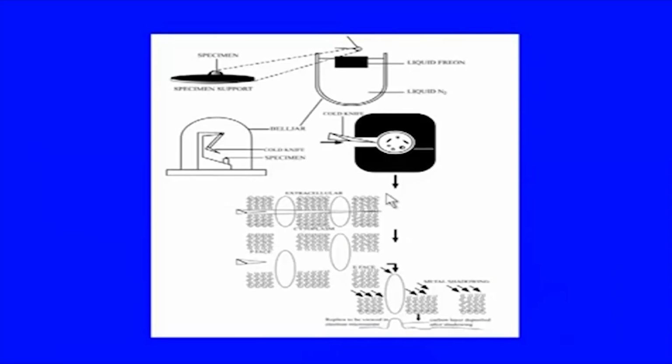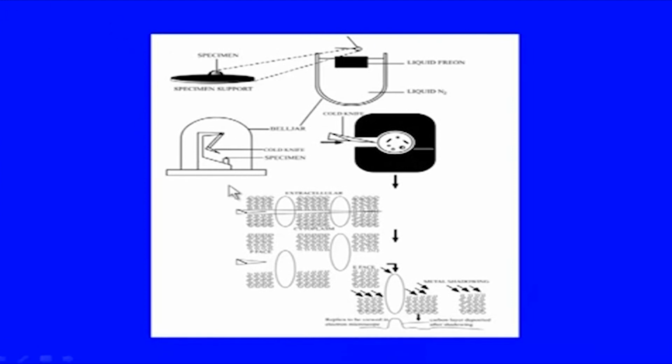This figure clearly explains the freeze fracture technique. Here there is a specimen support and a specimen. After fixation and cryoprotection with a solvent like glycerol, this will be rapidly frozen, and then put into this chamber, which is the cryo chamber or cold chamber.